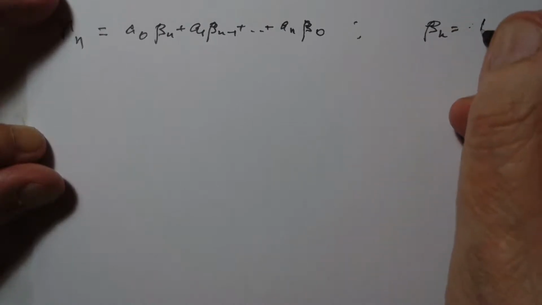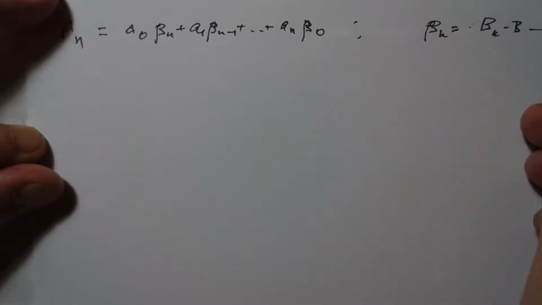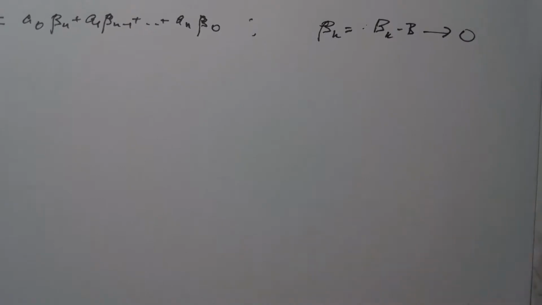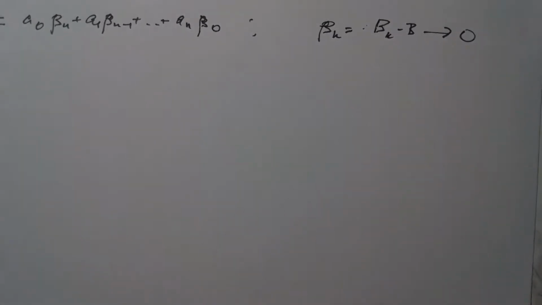It's equal to B_k minus B, and that thing converges to 0, because I assume that B_k is the partial sums for the series B, and these partial sums converge to B. So I hope you're good so far, and I'm going to rewrite this particular thing in an opposite way. I apologize for doing that, but this is unfortunately somewhat necessary.